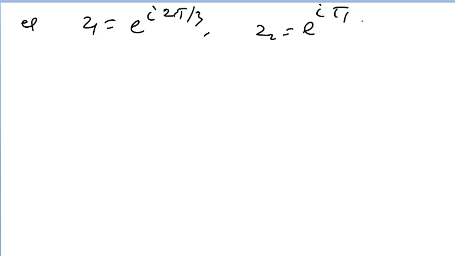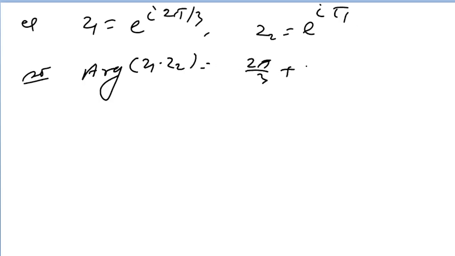For example, let's say z1 is equal to e^(i 2 pi by 3), and z2 is e^(i pi). So what is z1 z2? The principal argument of z1 z2 will be 2 pi by 3 plus pi. But adding them, what happens to the value?